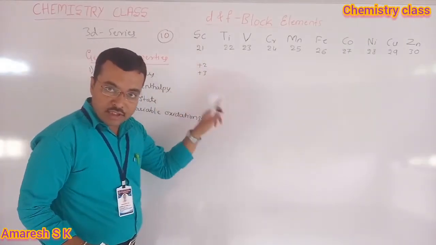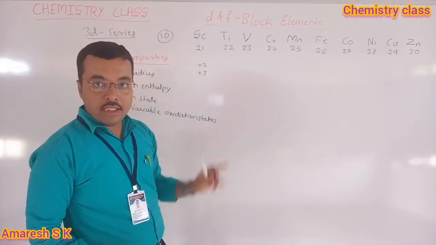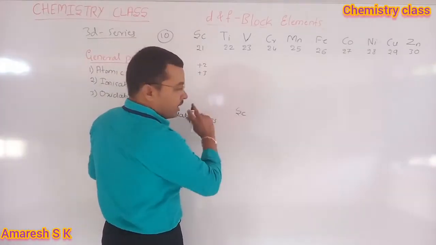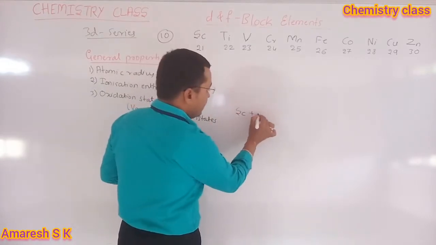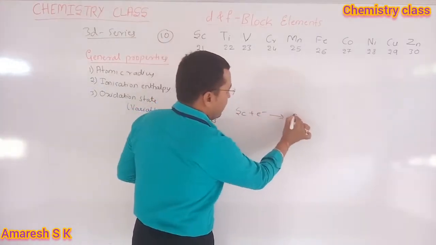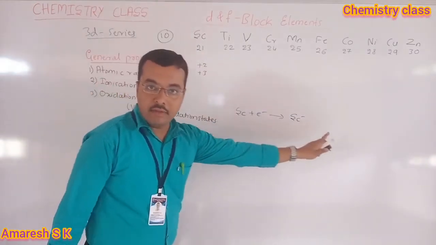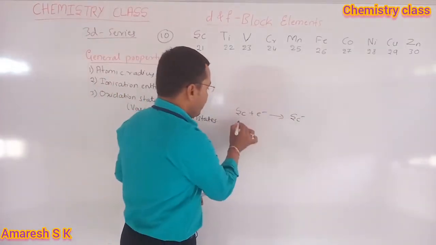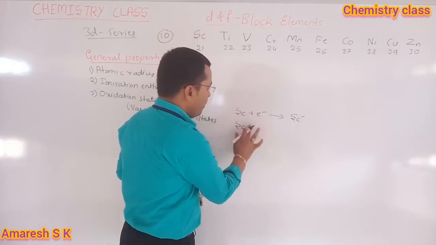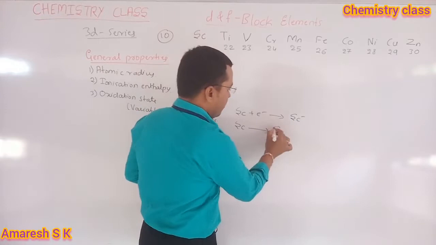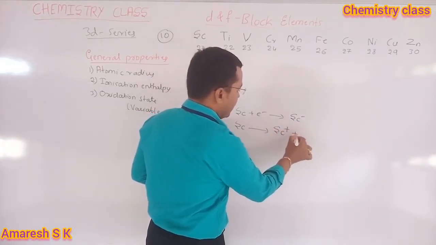Either there may be a positive charge or a negative charge. If scandium gains an electron, it can be converted into scandium minus, meaning it gains a negative charge. If scandium loses an electron, it will form scandium plus.